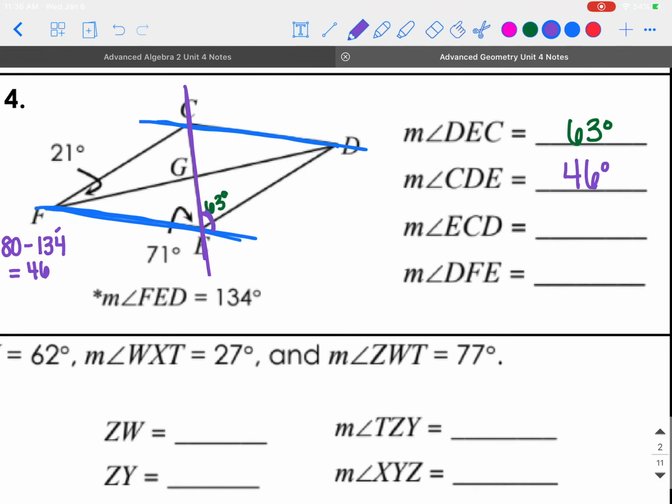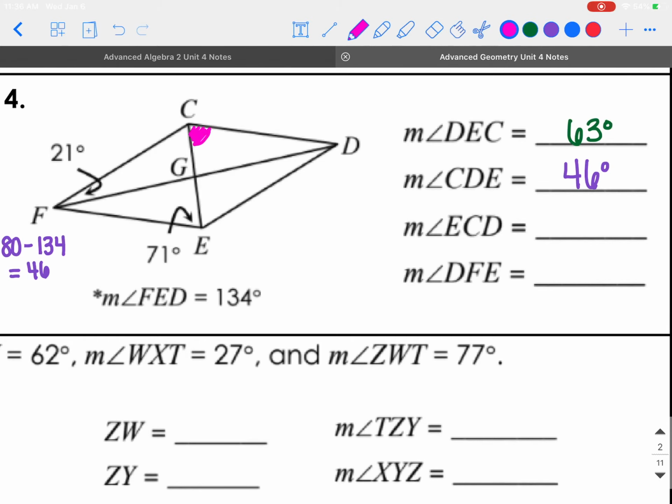So if this angle is 63, alternate interior, we learned were equal. So this one would be 63 and 71 and 71. So in parallelograms, we kind of pull in those angle pairs. So let me show you.